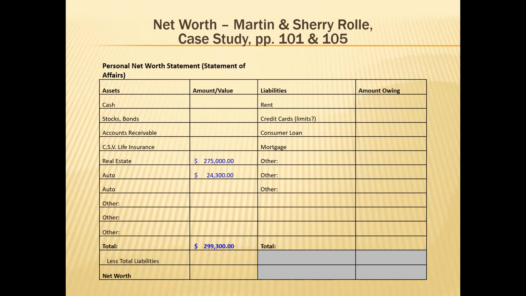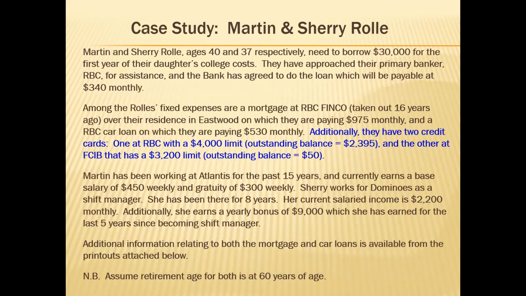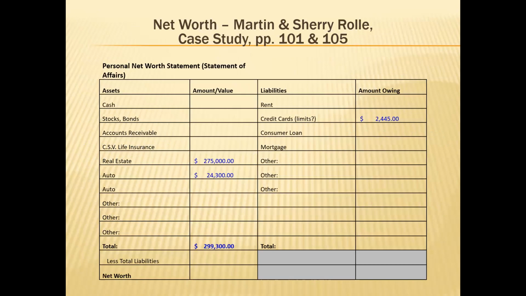One with a balance of $2,395 and the other with an outstanding balance of $50. Right. Okay, so we add those two together. That's the section in blue, and we get $2,445.